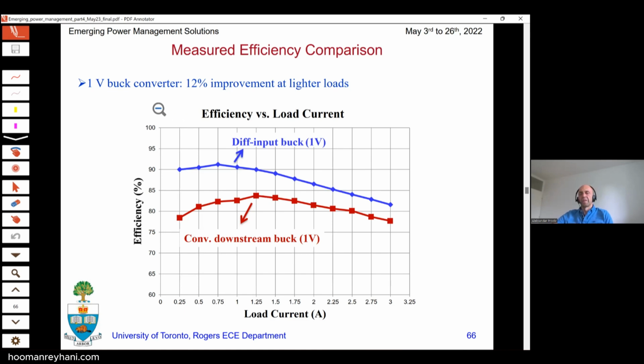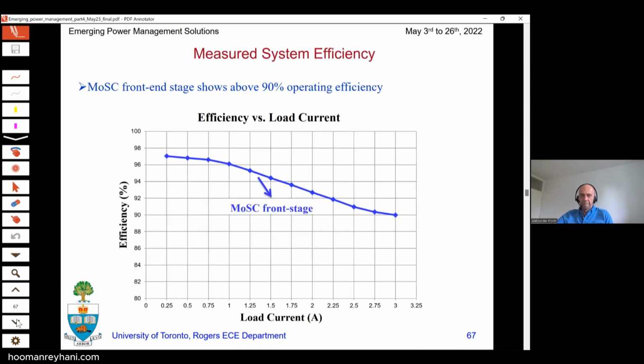So we can see that by using this reduced voltage swing principle, we can not only reduce the size of the inductor, but also improve efficiency. And that was our ultimate goal at the beginning of this course, when we started looking at new ways to improve power, to reduce both size and improve efficiency.